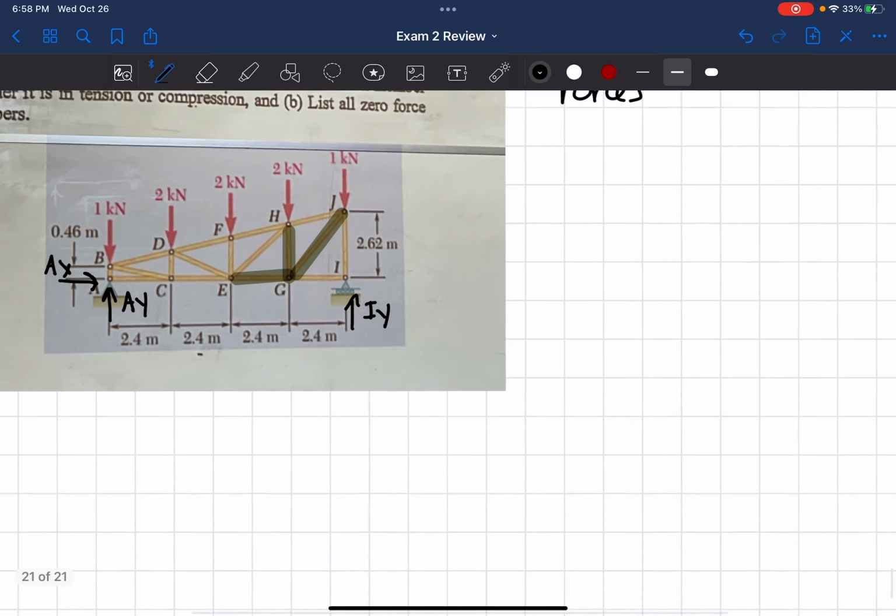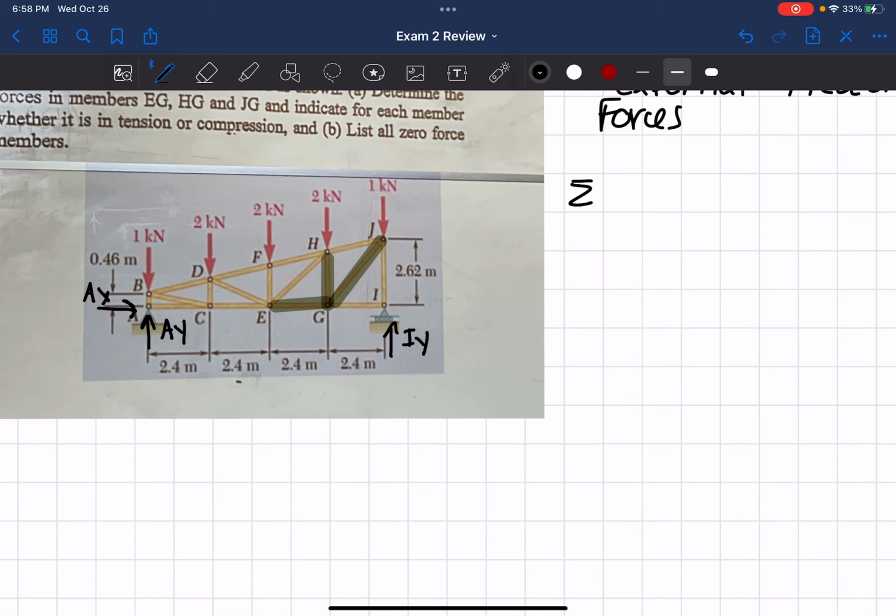We know that this is in equilibrium, so the sum of forces in the X direction is equal to 0. There's no other forces in the X direction, so we know that AX is equal to 0. Then we're just left with solving for AY and IY.